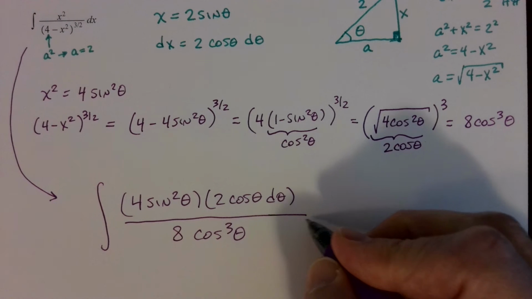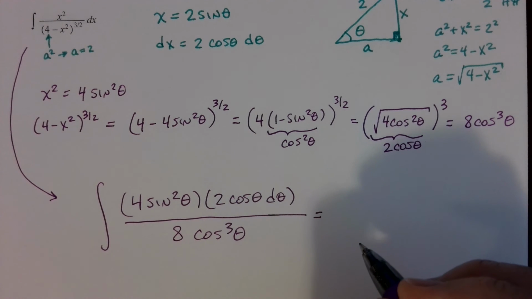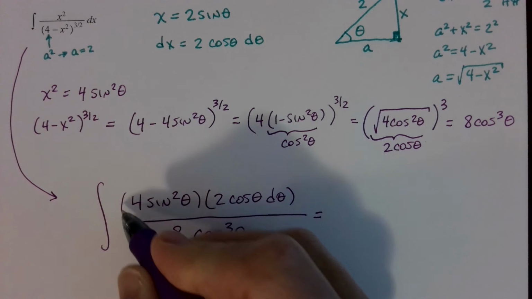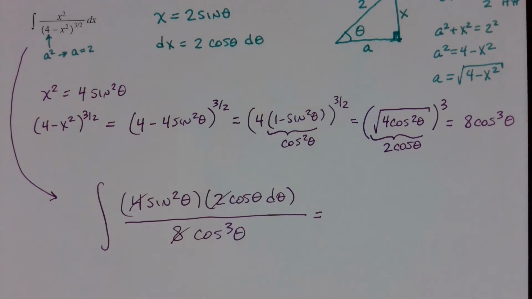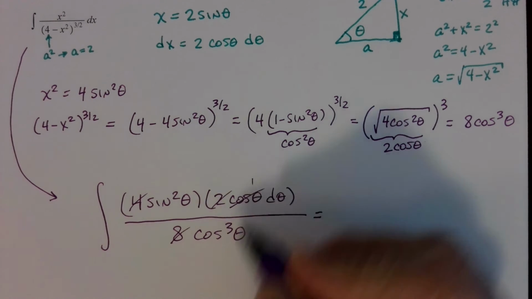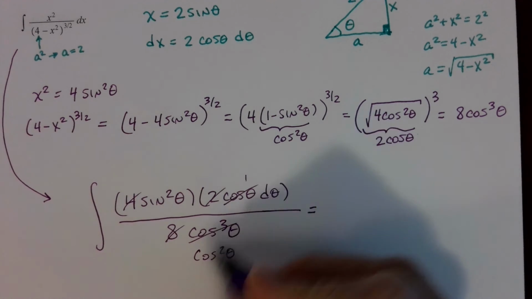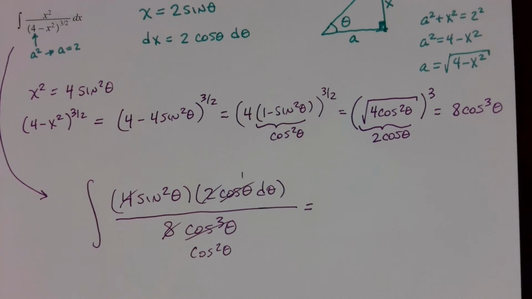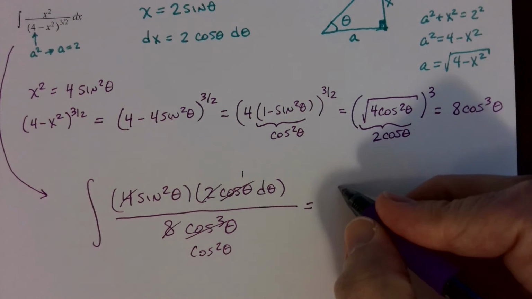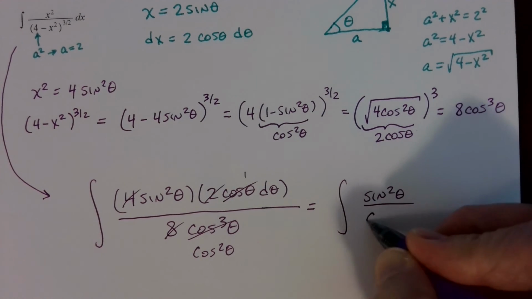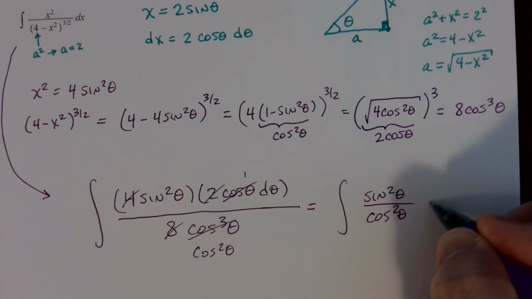Could do a little simplifying here. 4 times 2 is 8 divided by 8. So do you notice these all become 1. And I got cosine theta here, and cosine cubed, I can do cosine squared, right? Divide top and bottom by cosine theta. And what I'm left with is the integral of sine squared theta up top over cosine squared theta, d theta.